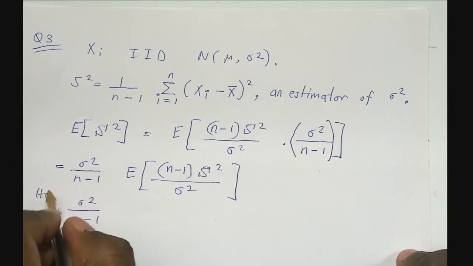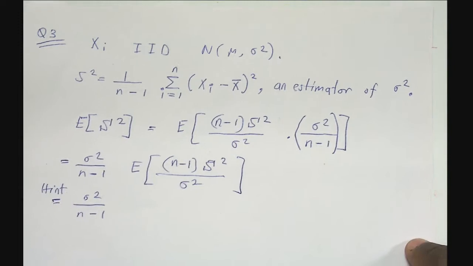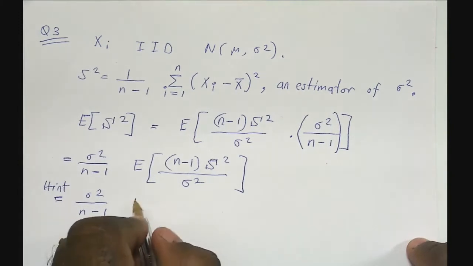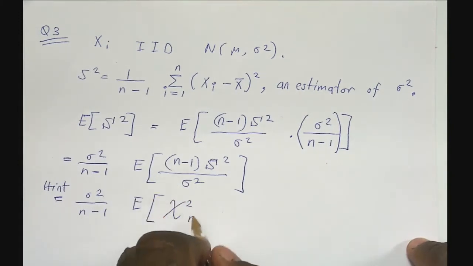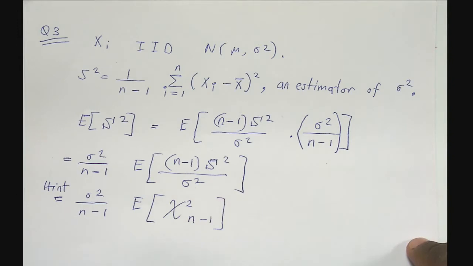Now, by using the hint, this is the same as a chi-squared variable with n minus 1 degrees of freedom. Some of you might have done the chi-square distribution before, but we will cover that later on in this course.